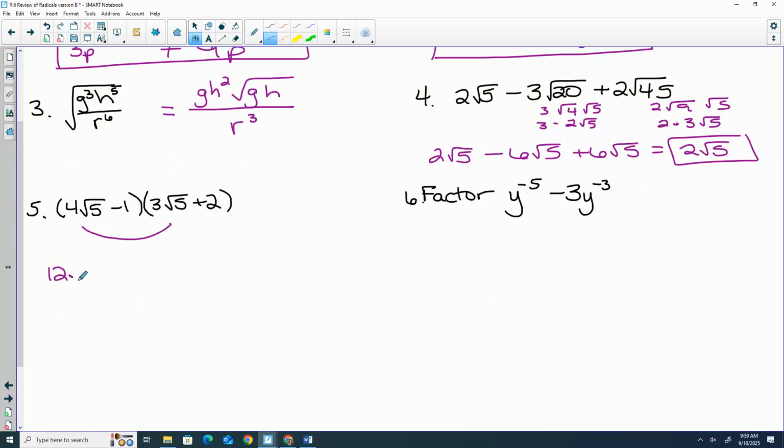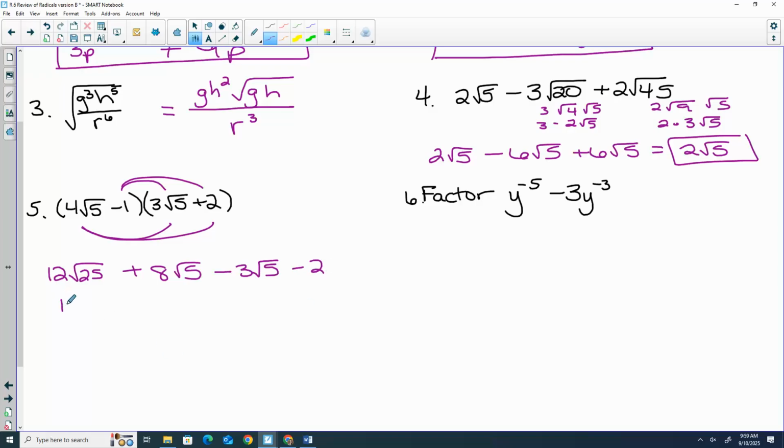give me a 12. You multiply the numbers under the radical together, so 12 radical 25. Okay, the 2 is outside the radical, so I multiply it with the 4, so 8 radical 5. Inside, so that would be a negative 3 radical 5. And last, negative 1 times 2 is negative 2.